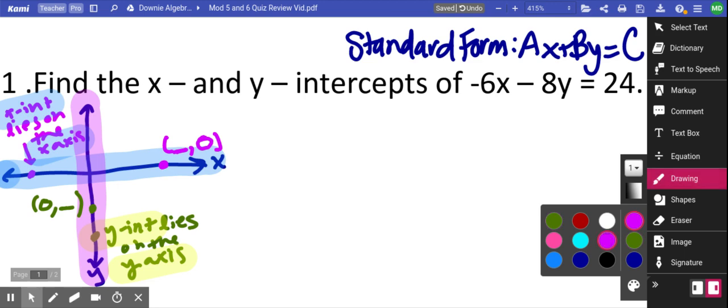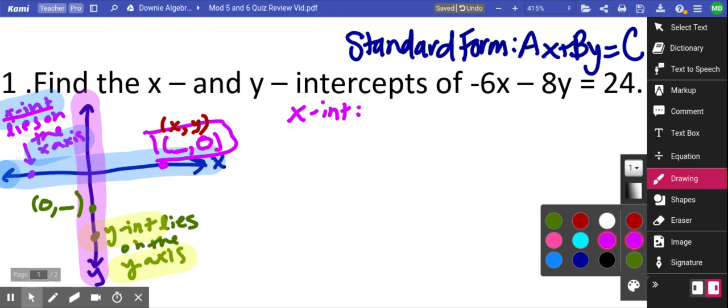Let's find our x-intercept first. What do we know about our x-intercept? Well, we know about the point. I'm finding x while y is equal to 0.